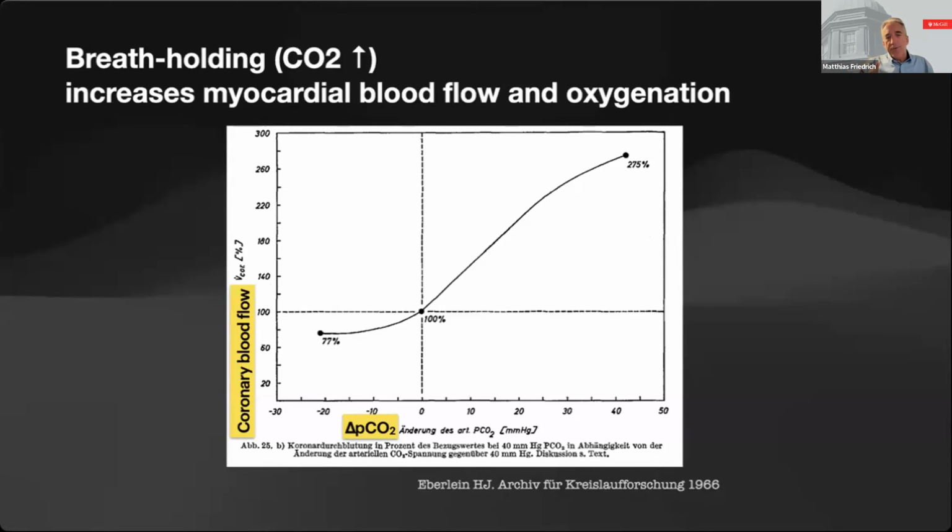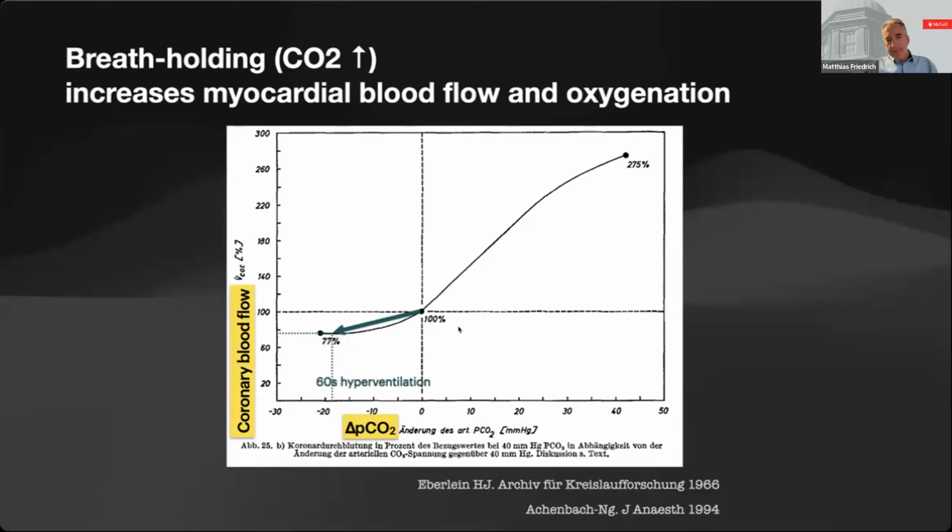There's not a lot of reaction to changes of carbon dioxide in the muscle, for example, but you have that in the heart and the brain. Which means if you get rid of carbon dioxide, because carbon dioxide is a vasodilator, you get into a more constrictive physiology, which means you hyperventilate. With hyperventilation, you reduce carbon dioxide, and that leads to a decrease of coronary blood flow by about 25%.